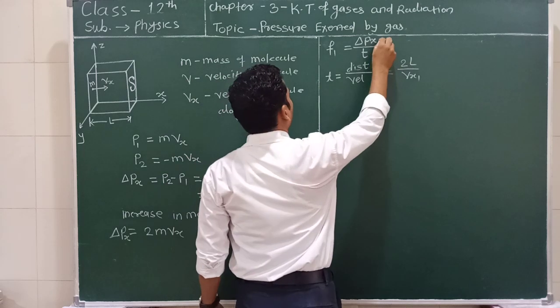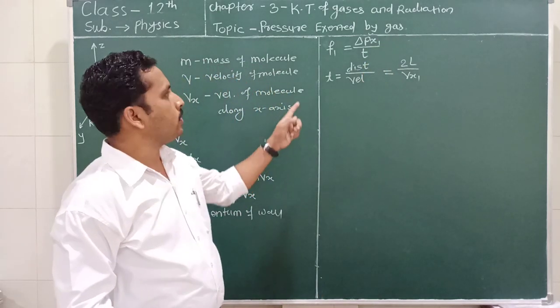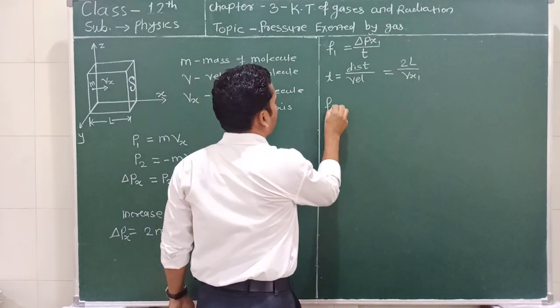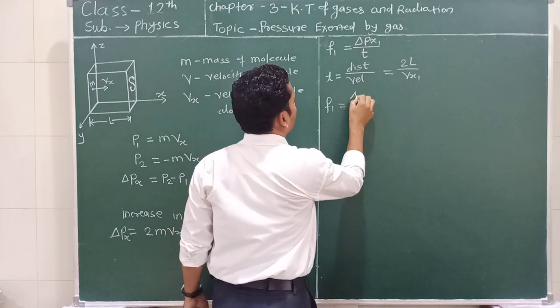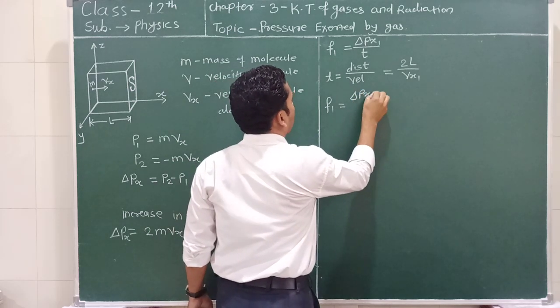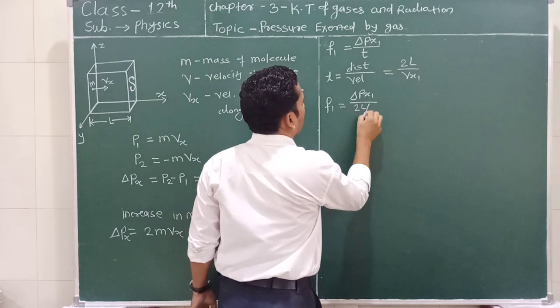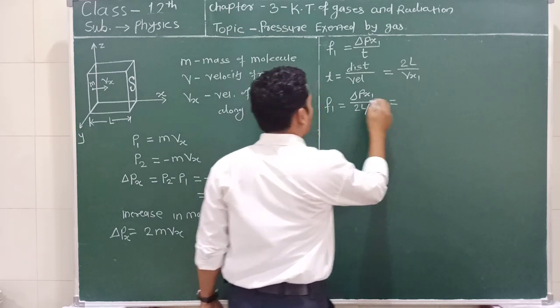Here also we can write the change in the momentum due to the first one. So F1 is equal to delta Px1 divided by 2L upon Vx1. What is delta Px1?